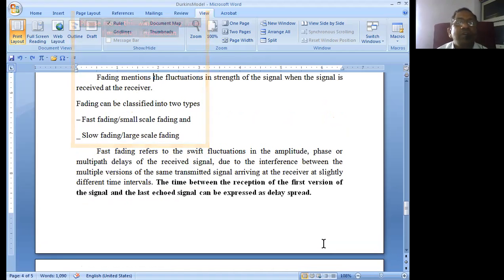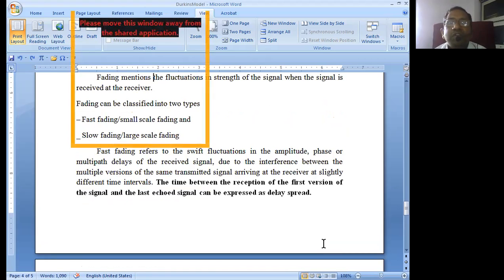Small scale fading, or fast fading, refers to the swift fluctuations in the amplitude, phase, or multipath delays of the received signal due to the interference between multiple versions of the same transmitted signal arriving at the receiver at slightly different time intervals.